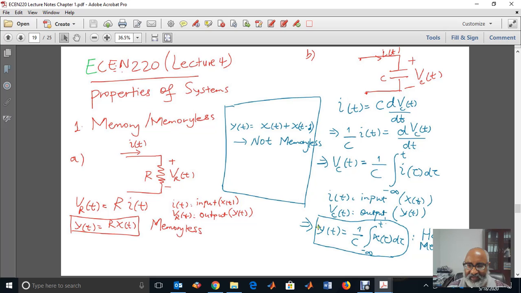It means the output at the present time depends on the previous inputs, from minus infinity until t, because the integration limits are from minus infinity to t. So the system has memory. So the capacitor, in this example, has memory.